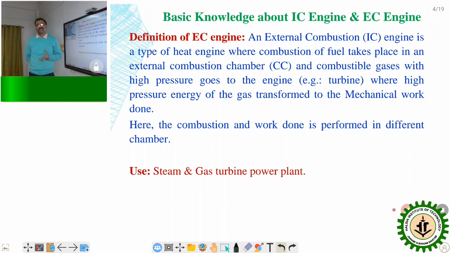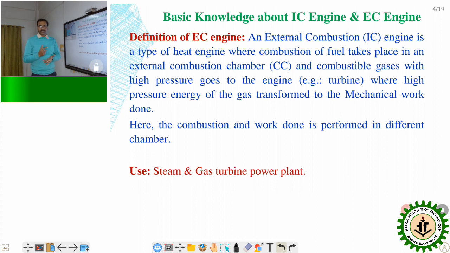So the boiler is the combustion chamber, but work is done within the turbine. So the turbine is another part, that is the heat engine, and the combustion chamber, the boiler, is another part.